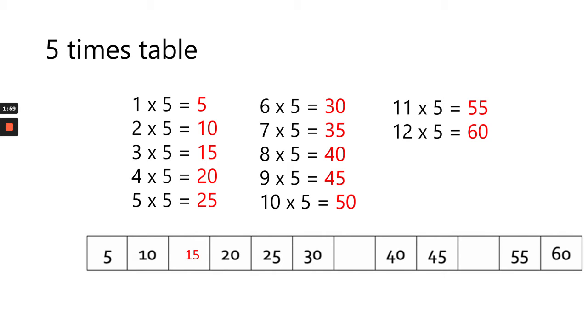What number will come next in our times tables? 35, and it ends in a 5. Well spotted. 5, 10, 15, 20, 25, 30, 35, 40, 45, 50. Well done if you got that. And 55 and 60. You can see the pattern of our times tables to 5. Each answer ends in a 5 or a 0.